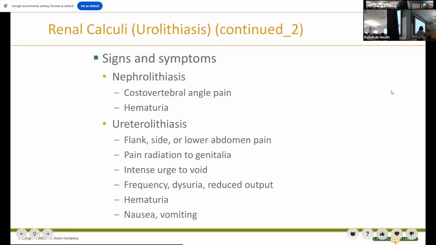Okay, so signs and symptoms. There are a couple of different signs and symptoms depending on where the stone is, right? If we have nephrolithiasis, which is in the kidneys, you're usually going to have costovertebral angle pain. Remember that from earlier. You also are probably going to have hematuria.